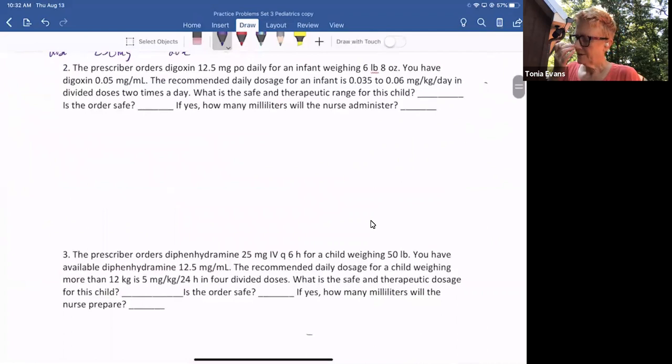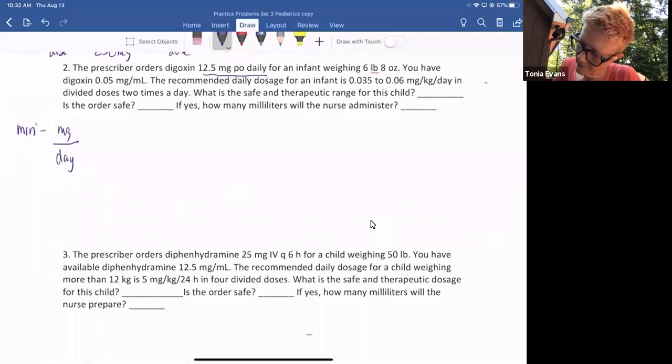All right, next one. What's the safe and therapeutic range for this child for digoxin? Our minimum, we want to know milligrams per dose, per day. Back it up. Milligrams per day.